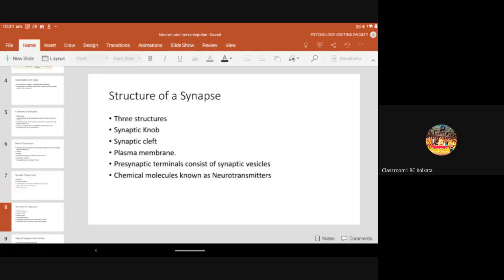See here is the structure of synapse, that is the three structures mainly: the synaptic knob, the synaptic cleft, and the plasma membrane, and the presynaptic terminals. It consists of some synaptic vesicles and the chemical molecules known as the neurotransmitters.